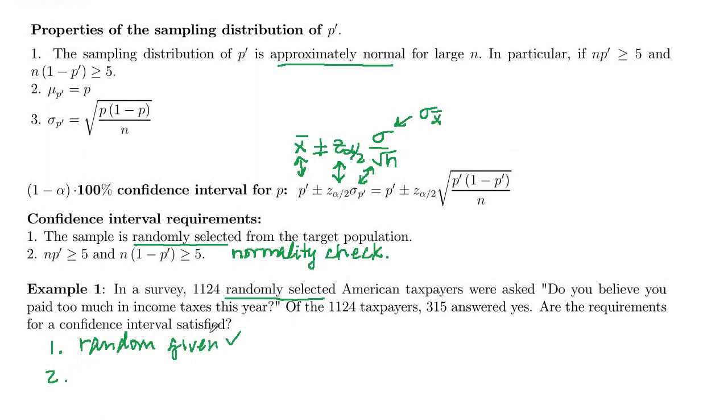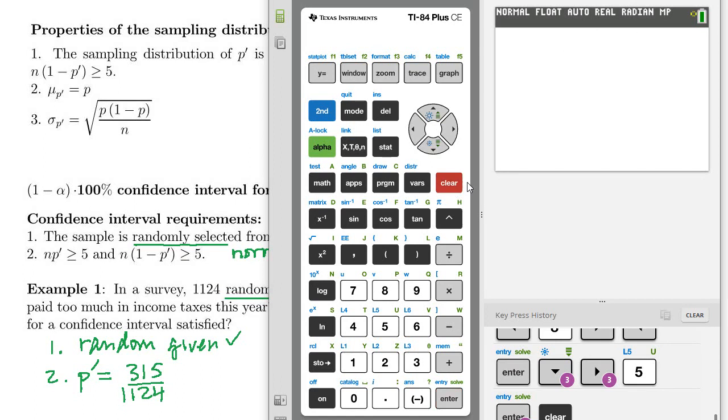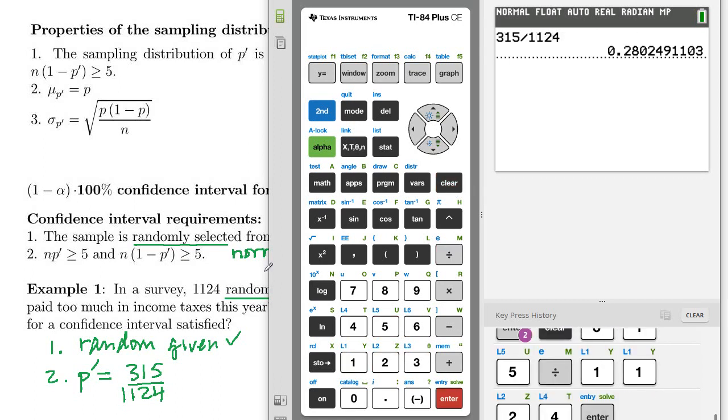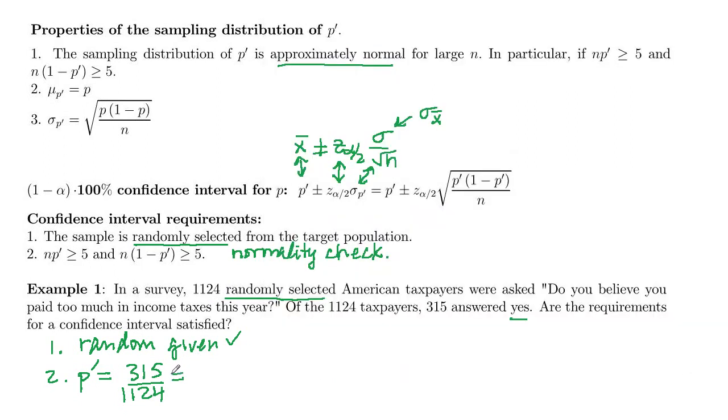Second condition, we've got to compute p prime and then n times p prime and n times 1 minus p prime. Our p prime here, with success being a yes answer, is 315 yeses out of 1,124. We'll compute that. 315 divided by 1,124 is 0.2802, and we'll take 3 decimal places, 0.280.